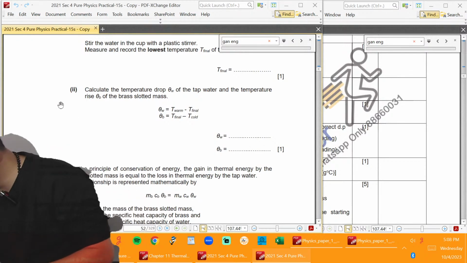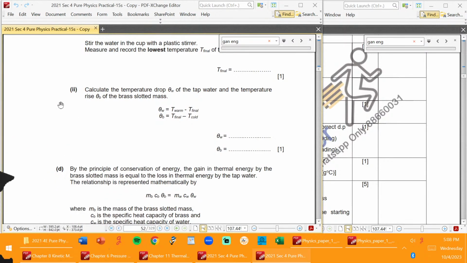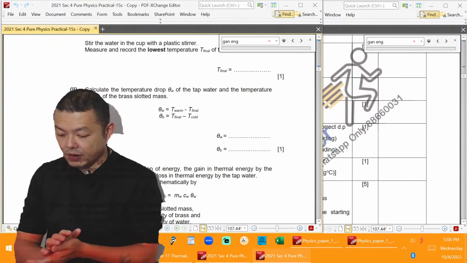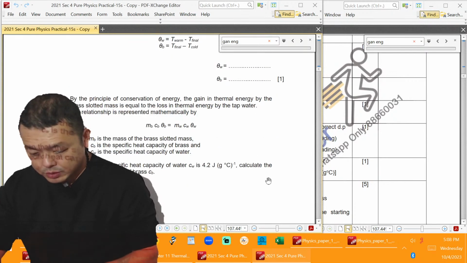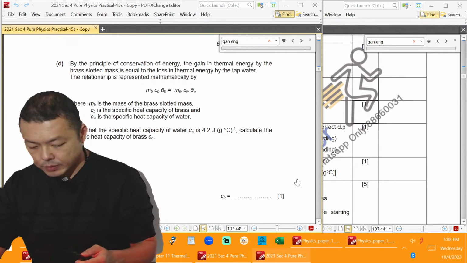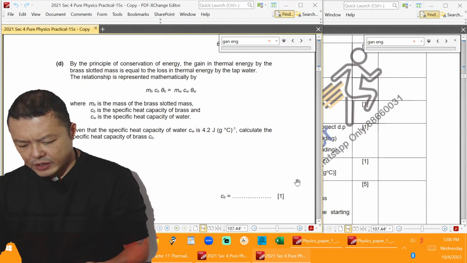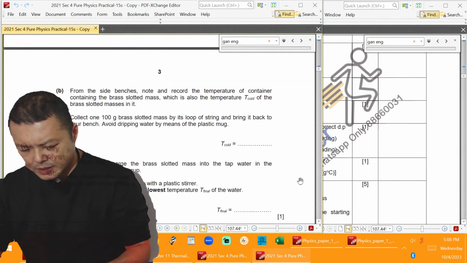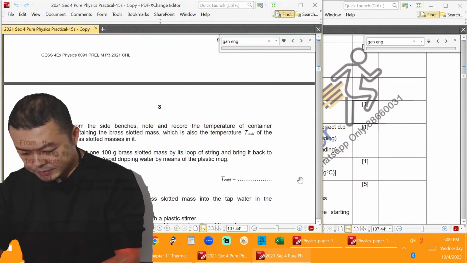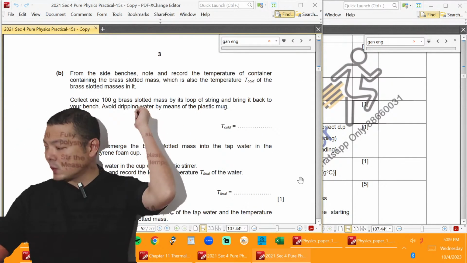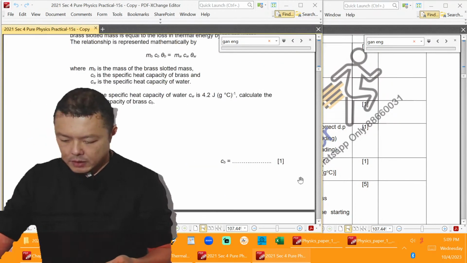They are 4 and 23 degrees Celsius, good. Then you need the mass of water, which we calculated here: 50.0 grams. And the brass is 100 grams.